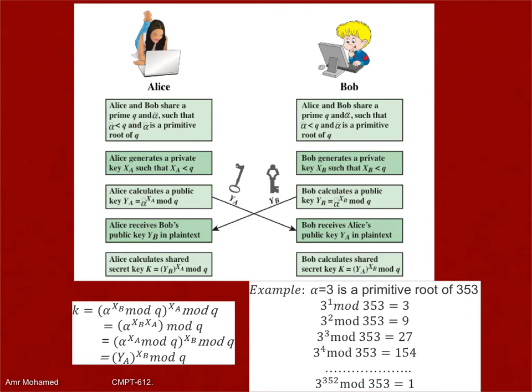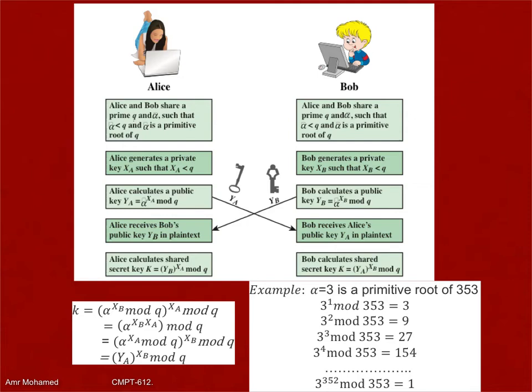Q and alpha, are they shared between Alice and Bob? Yes, that's different from RSA. Both of them have to have the same alpha and Q. Because remember here, it's not meant to be used for encryption.